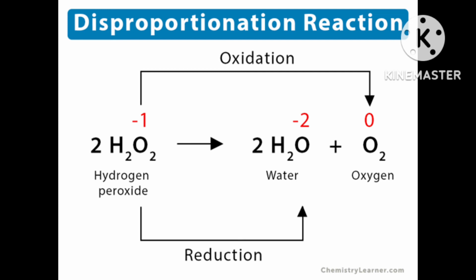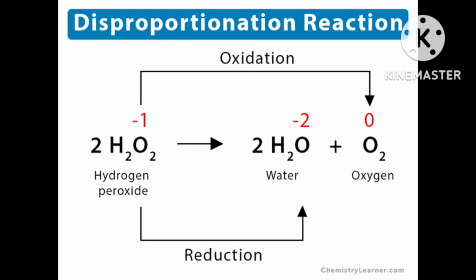OH will be in aqueous solution, dissolved in water. P4 plus 3OH minus plus 3H2O. Because in water you have added hydroxide, you have made an alkaline medium by adding NaOH, KOH, anything.